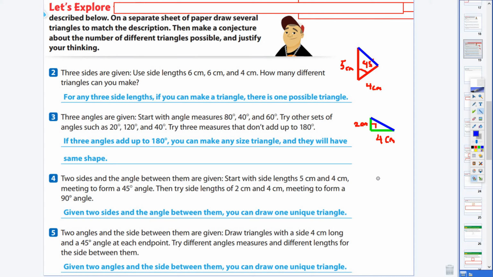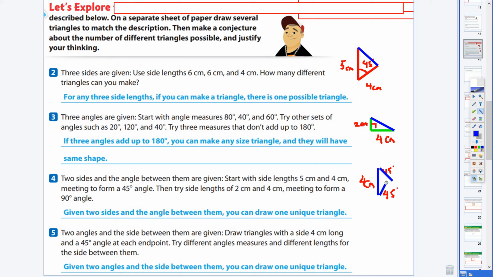So if I have, let's say, 4 centimeters, and 45 degrees here. Remember, it's got to be acute. So this angle needs to be something like this. And then another 45 degrees here, and another acute.